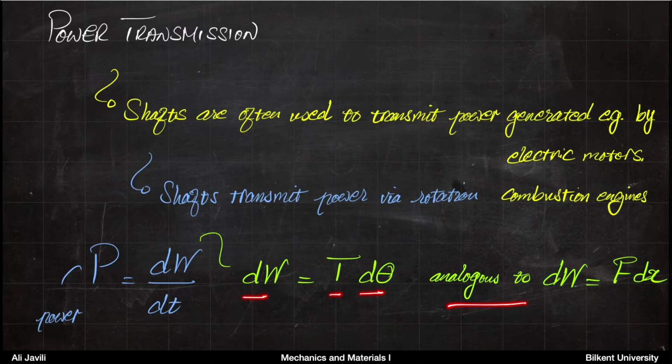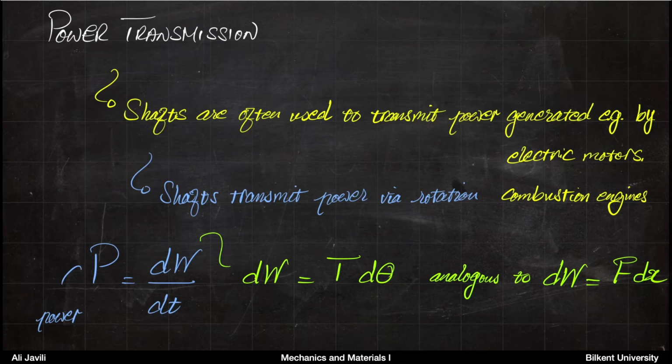This is analogous to the usual force displacement problem, where dW is F dx, force times displacement. So you have Newton for force and meter for displacement. Now you have Newton meter for torque, and then the change of angle is dimensionless, obviously.